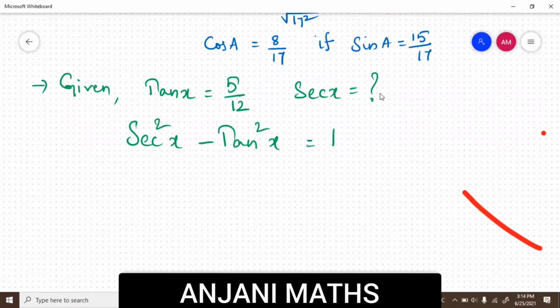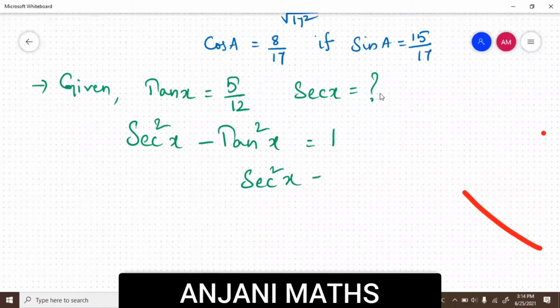If you are writing secant square theta, then minus tan square theta. If you are writing secant square A, then the identity will be secant square A minus tan square A is equal to 1. Here, if we use the angle x, here also we have to use the same angle x in the identity. Clear?